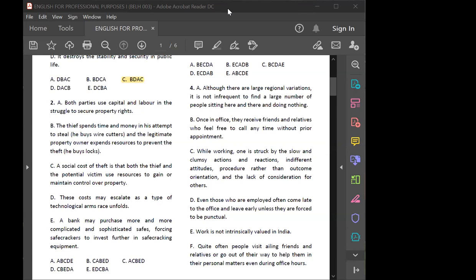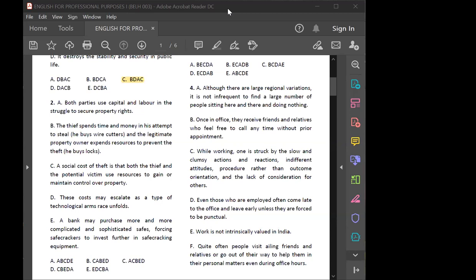Then it further describes both the parties involved and the capital and labor expenditure, and then B describes further what the components involved in the theft are, like cutters and locks.